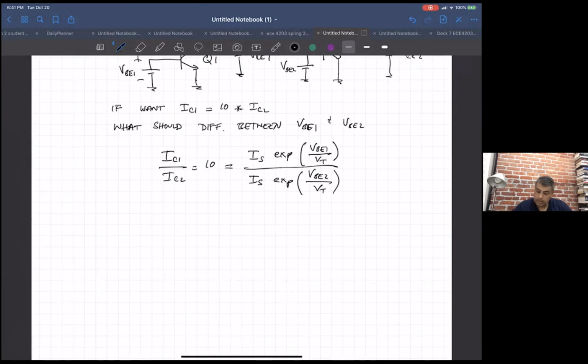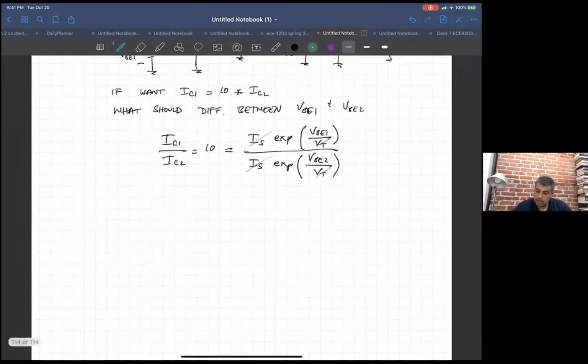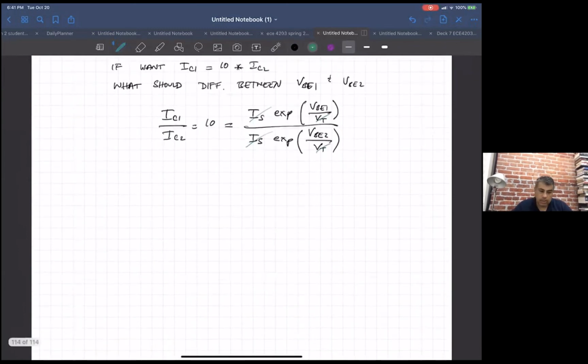Okay, so I can basically knock these out, and then these two get knocked out. So what I'm going to end up with is the exponential of VBE1 minus VBE2 over VT. I'm sorry, guys, I shouldn't have gotten rid of this one.